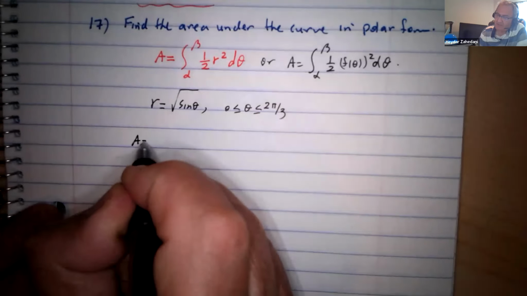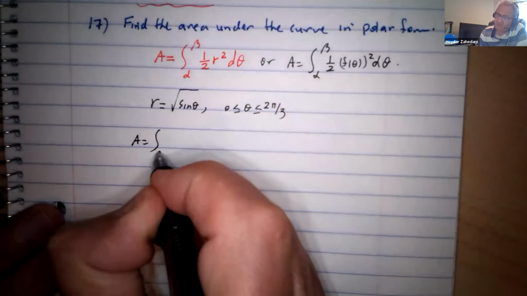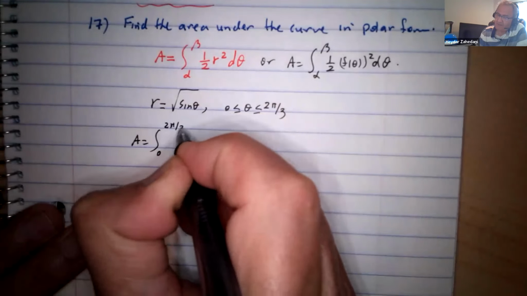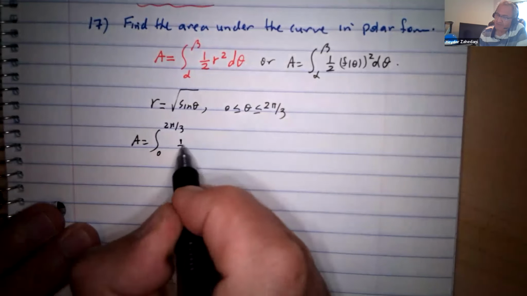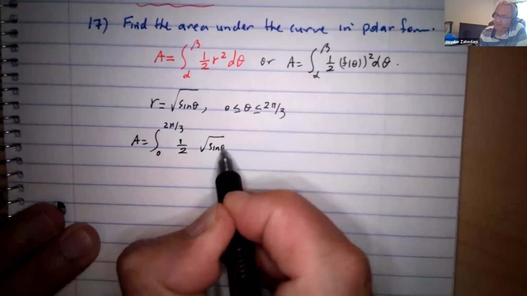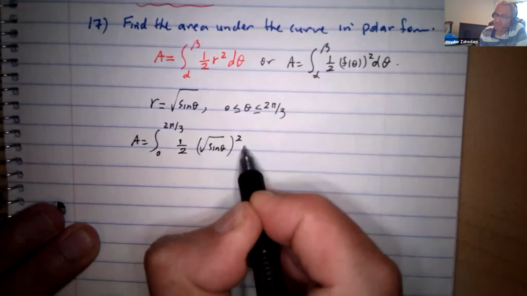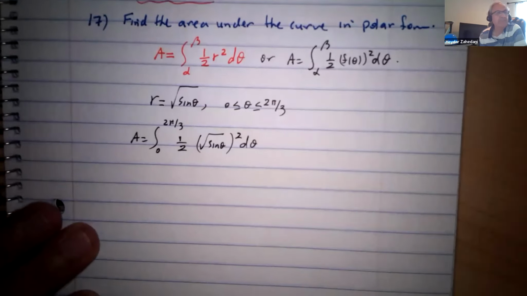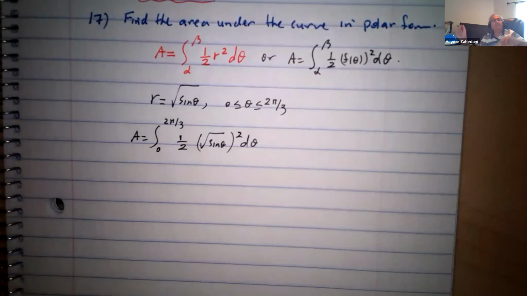A is equal to the integral from 0 to 2π/3 of 1/2 of the function, radical sine of theta, but remember r squared, don't miss it, it's a square. In the xy coordinates, there is no square, you just integrate the function, remember?